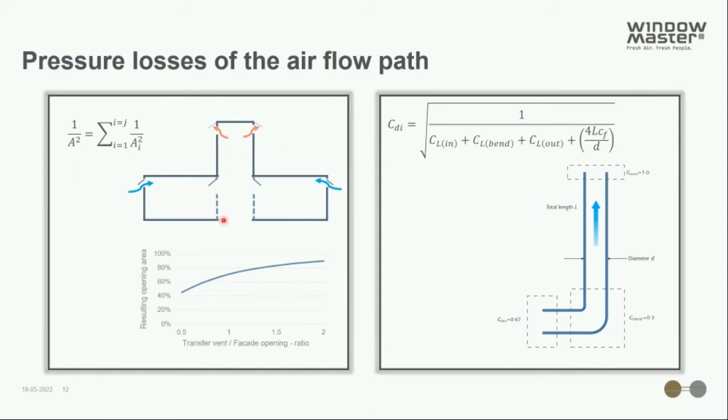But let's consider a case where we now have internal partitions between the inlets and the outlets. This means if we still want stack ventilation to happen in the building, we need to implement also transfer vents so we can have flow between the zones now.